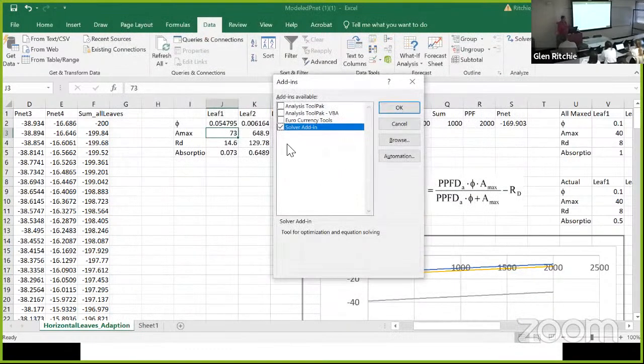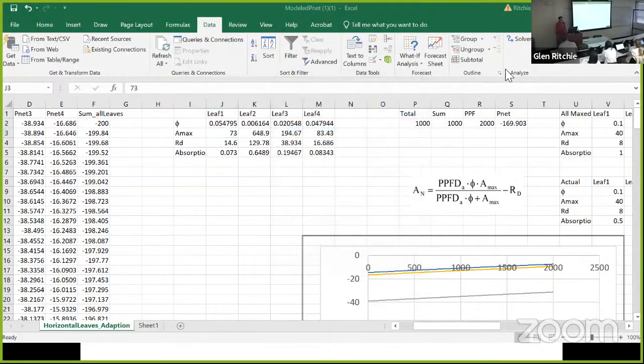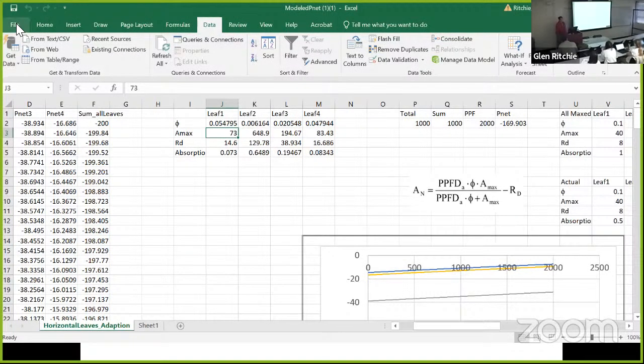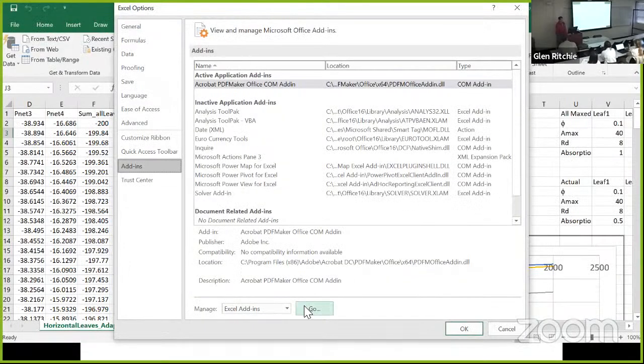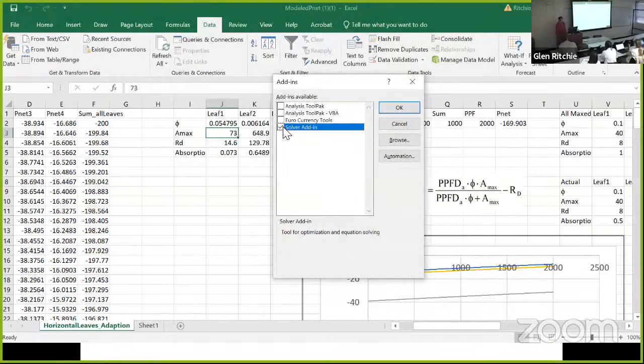If Solver is not showing up, it is because Solver is not checked in here. So if I click OK, you see Solver disappear here. If I go back to Options and Add-ins and go and turn on Solver, then it's going to show back up. If you want to run statistics in Excel, this is also where you can add your Analysis ToolPak, which is all of your statistics in Excel.